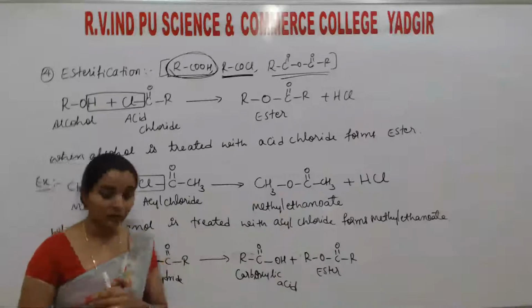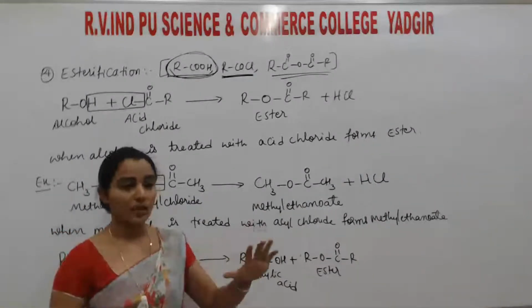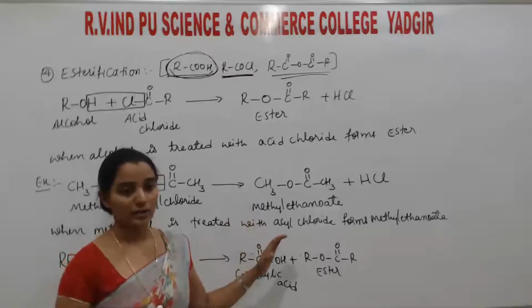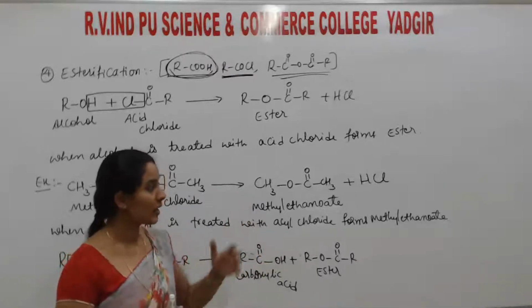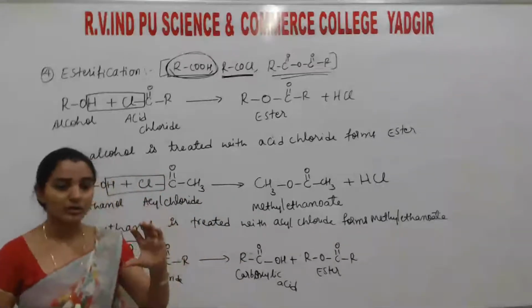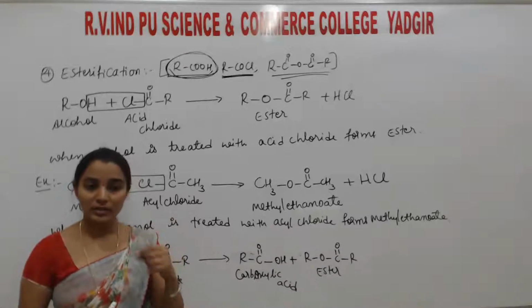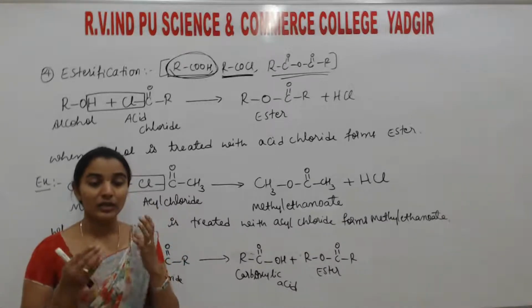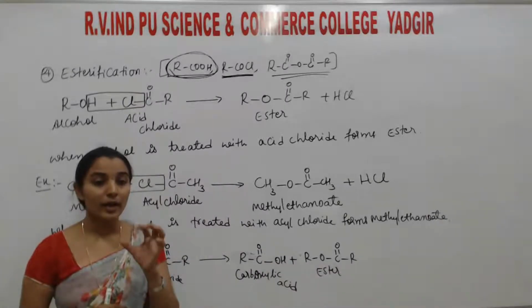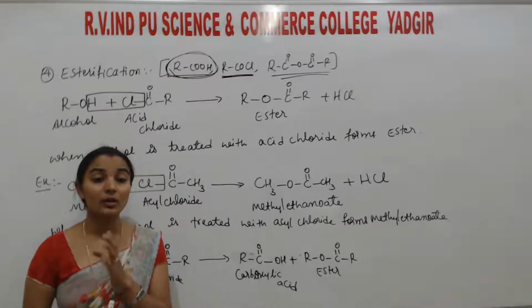If we conduct this in the laboratory, how can we come to know its confirmatory test? When an acid is added to an alcohol, and H2SO4 is added and it is shaken, then when we smell it, we sense a fruity odor.